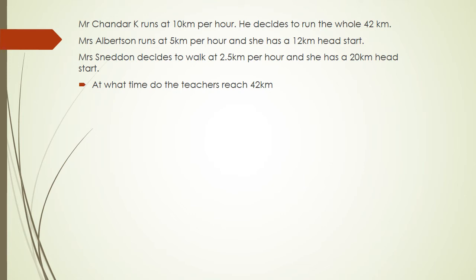We've been asked, at what time do the teachers reach 42 kilometers? All right, so once again, we have our equations. We write down the 3 equations for the 3 teachers. In this case, guys, we are trying to figure out at what point they actually reach 42 kilometers, so we put d equals 42 kilometers.